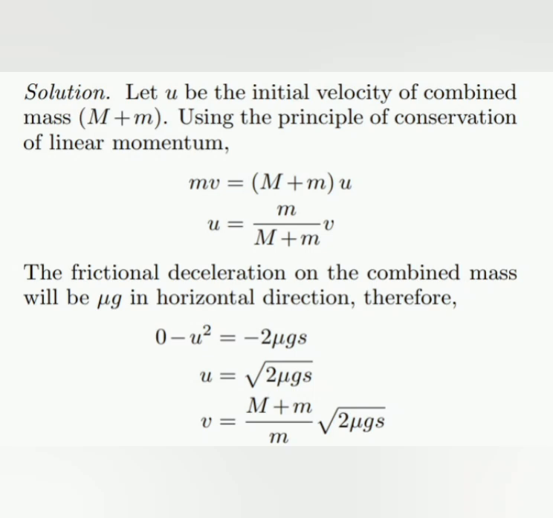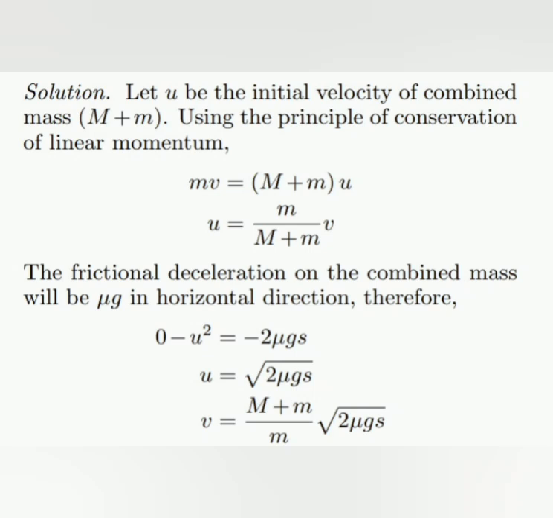Then applying the equation of motion, v squared minus u squared is equal to 2as. Here they have mentioned the kinetic friction mu between the block and the floor, so I cannot simply write a as acceleration.